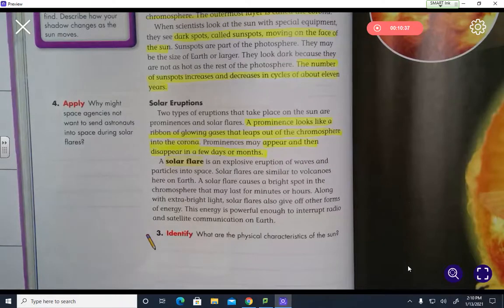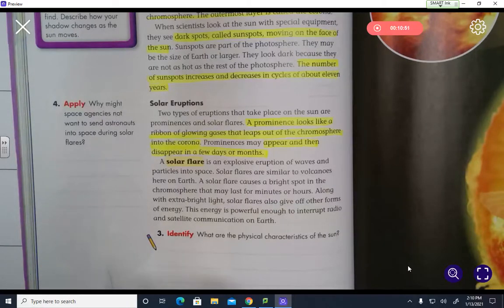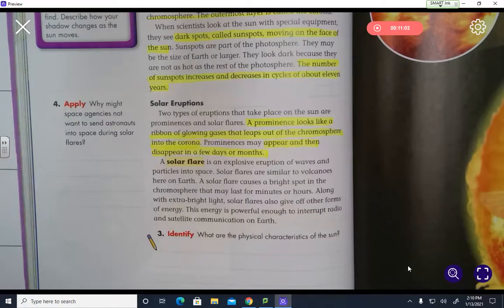And then we have a solar flare. A solar flare is an explosive eruption of waves and particles into space. Solar flares are similar to volcanoes here on Earth. A solar flare causes a bright spot in the chromosphere that lasts for minutes or hours. Along with extra bright light, solar flares also give off forms of energy.